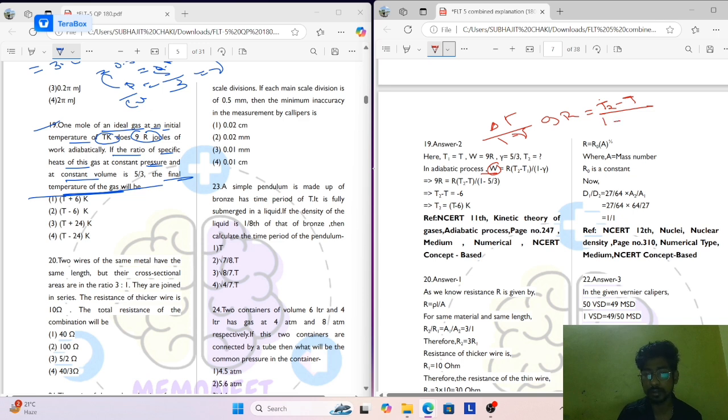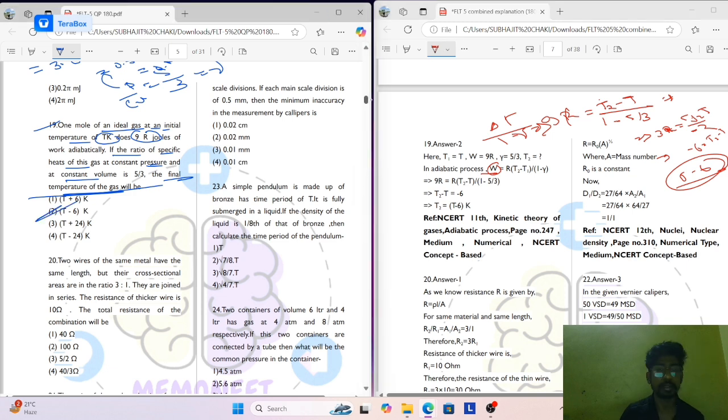So R will cancel out, and we get T2 minus T equals minus 6, so T2 is T minus 6. Option number 2 will be our correct answer.